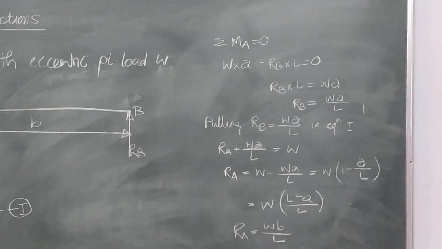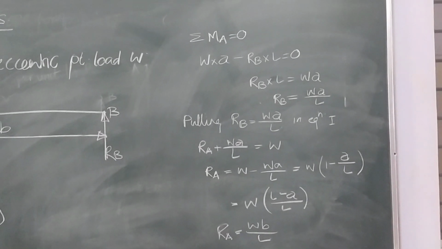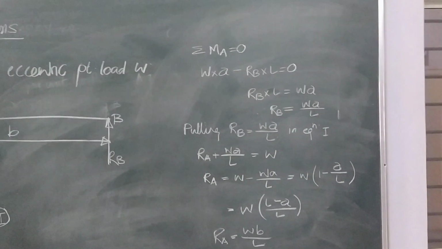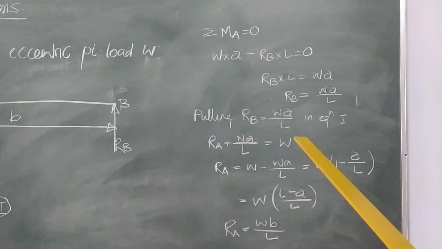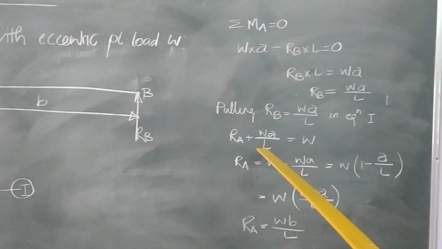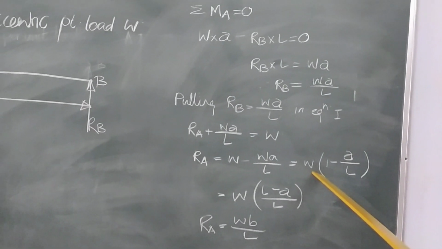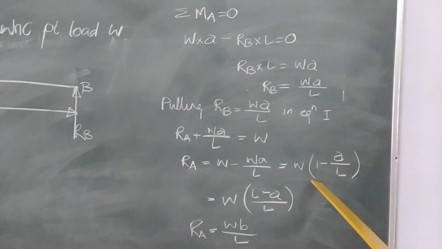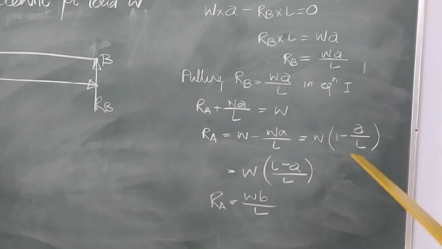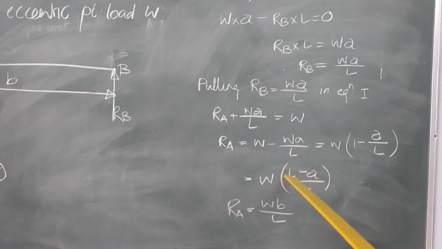Now the critical part is to find Ra. Putting Rb equal to Wa upon L in equation 1, Ra plus Wa upon L equal to W. Therefore, Ra is equal to W minus Wa upon L, or taking W common, W into bracket 1 minus a upon L, which is, taking LCM, L minus a in the numerator and L in the denominator.